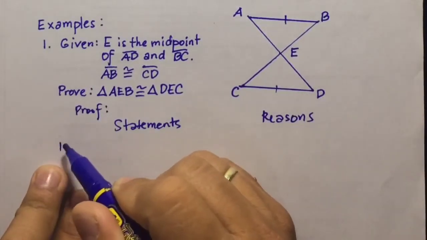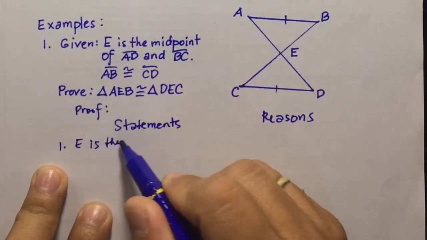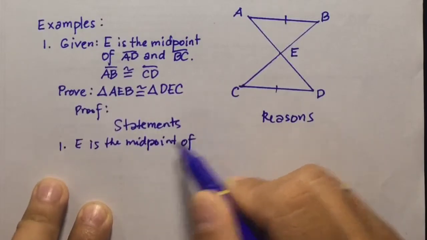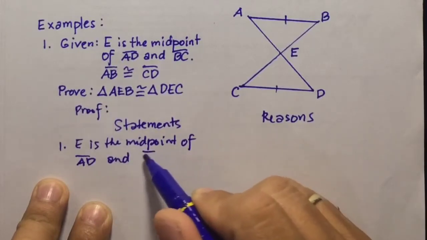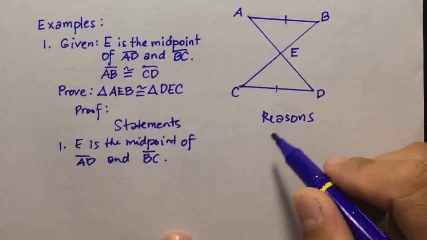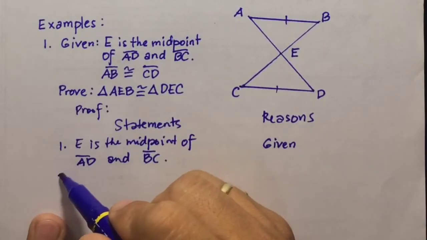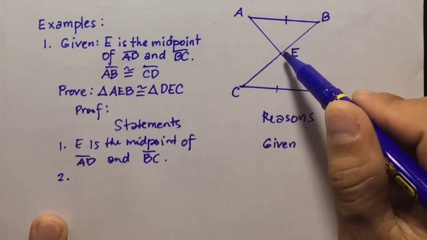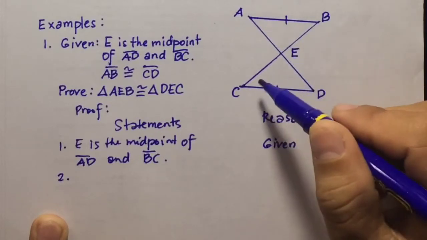We're going to have our first statement as E is the midpoint of line segment AD and line segment BC. Our reason here will be given. Then, since E is the midpoint of these two line segments here, this means that this point divides the two segments into two congruent parts.